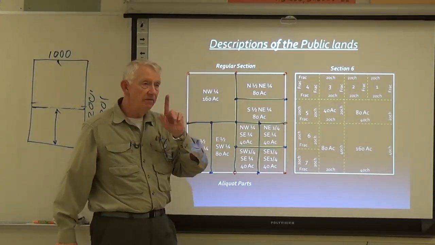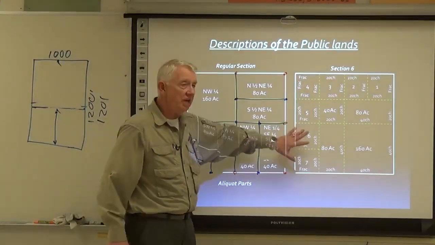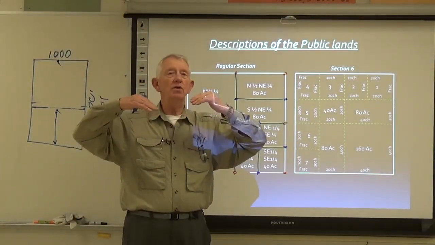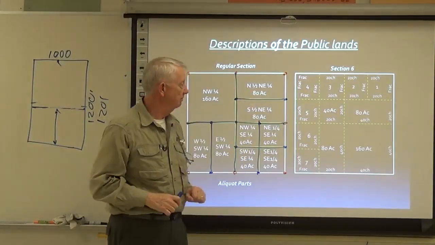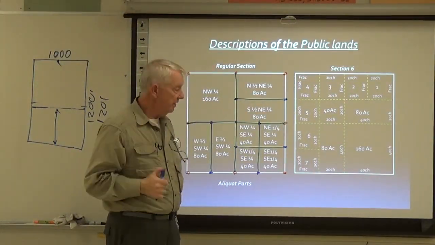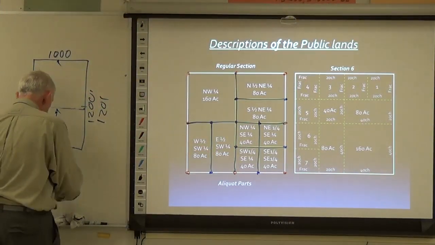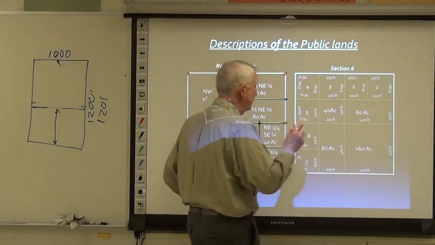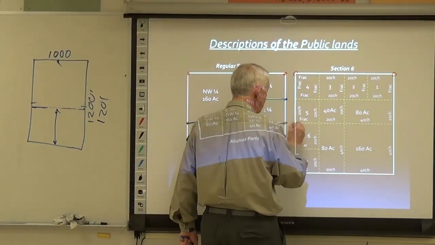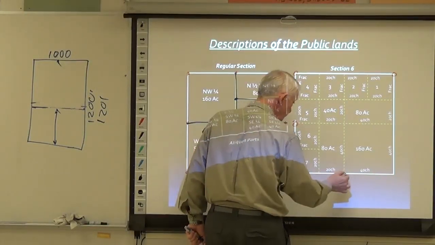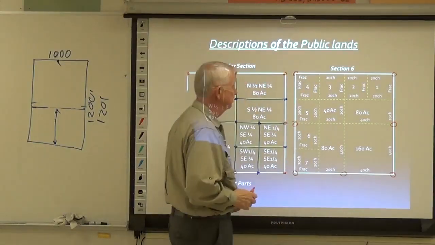But you see, they're very specific on how they do this. Now, here's section 6. It's not only in the northern tier of the township, but it's also in the western range of the township. Things are different there. Now, we're not going to talk about a standard parallel or closing corners, but we have the quarter corners and the section corners that the surveyors put in.